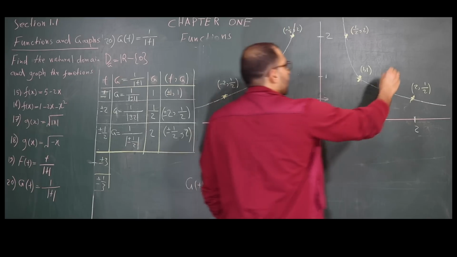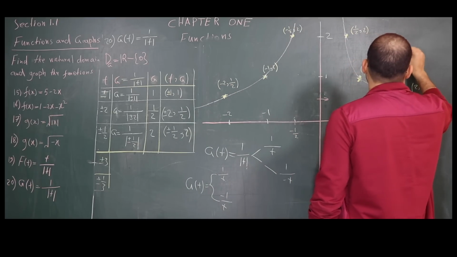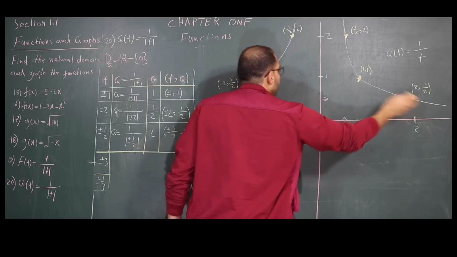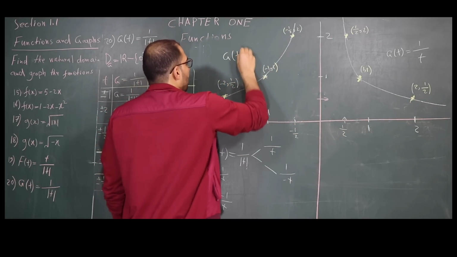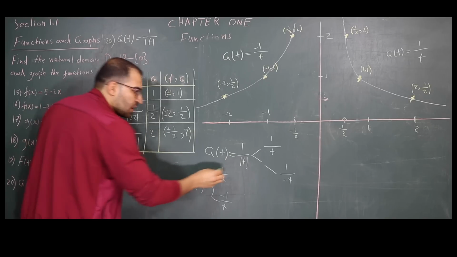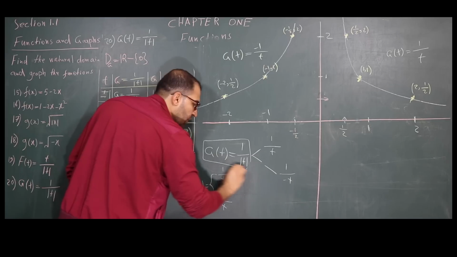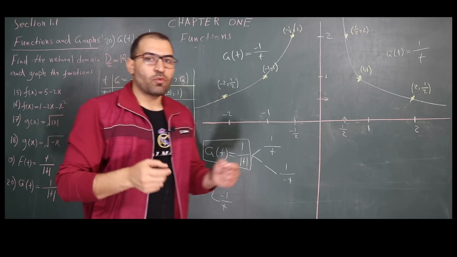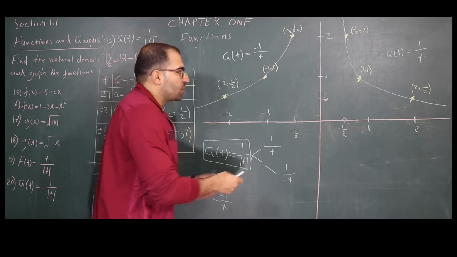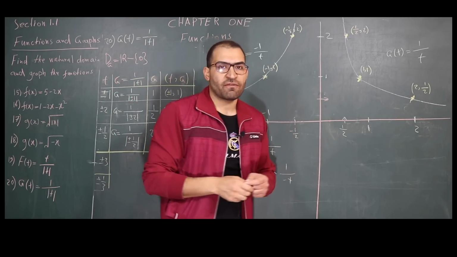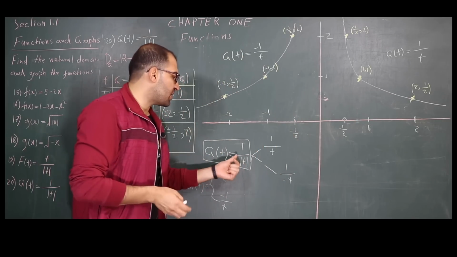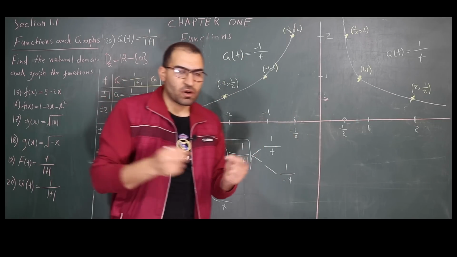And this is the graph of the function g of t equal to 1 on t, and this is the graph, this half, and this half for the function g of t equal to minus 1 on t. But when we put the absolute value on the variable t, we made 2 functions in 1 function. We call this implicit. We have 2 halves of the graph, 2 functions as 2 halves, just implicitly collapsed in 1 function.